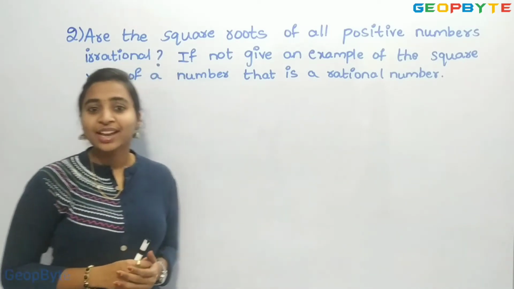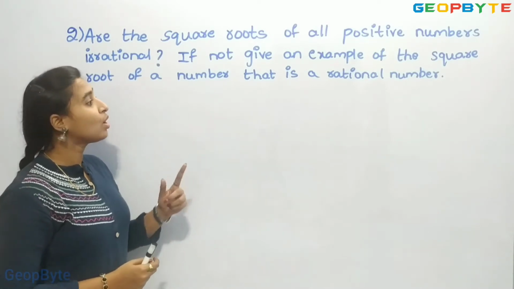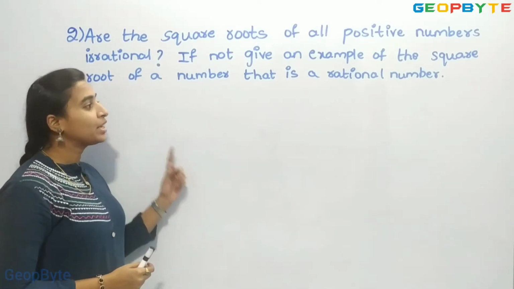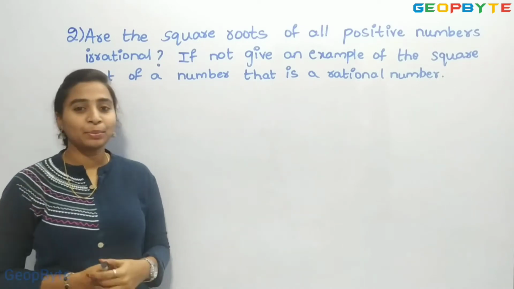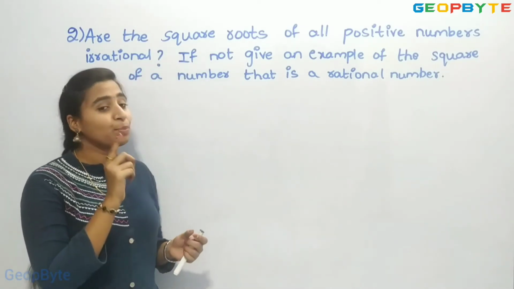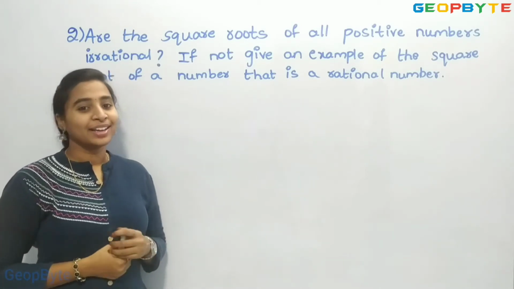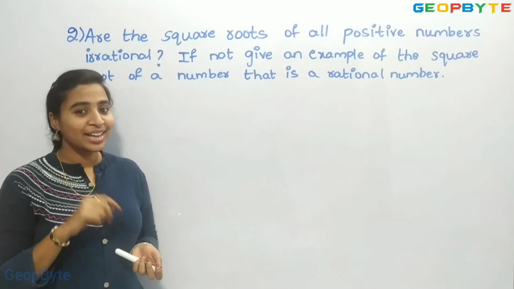They are asking us. So, if not, give an example of the square root of a number that is a rational number. So, let us see whether every positive number under roots are irrational or rational.